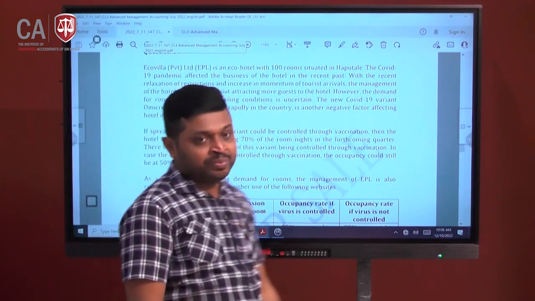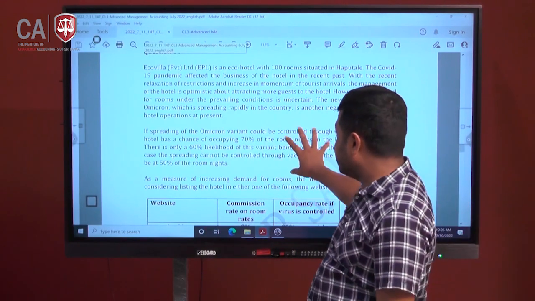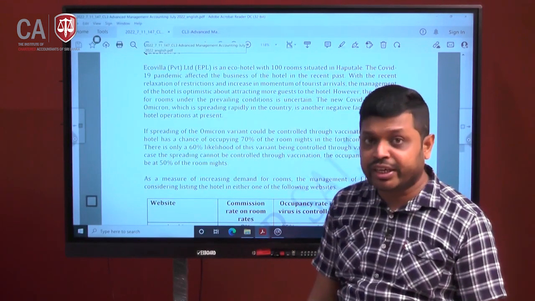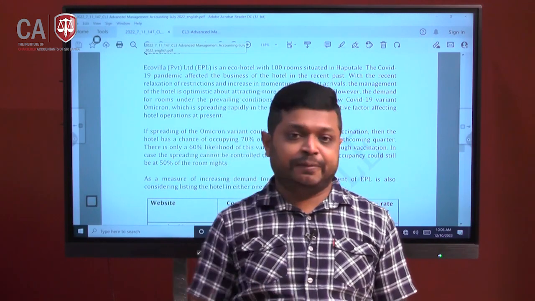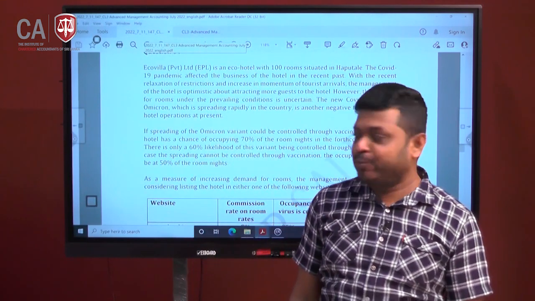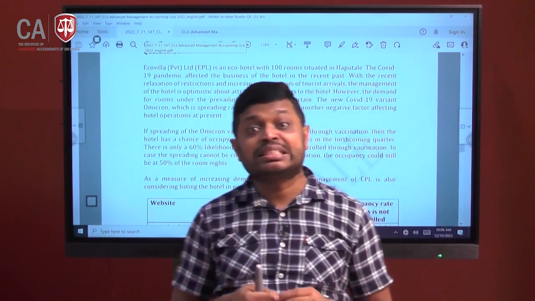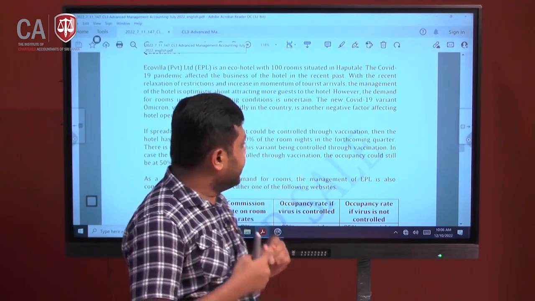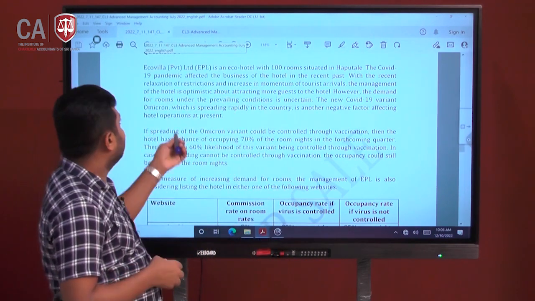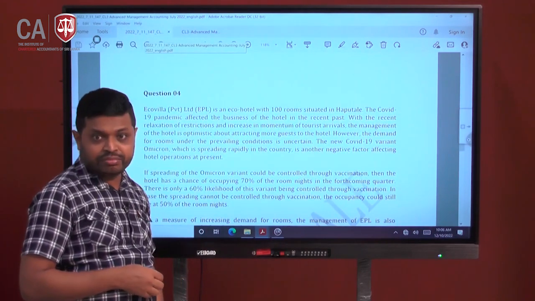Question number 4. This question number 4, what is this relating to? This is relating to decision tree. It's very important. This illustration is related to decision tree. We will read this one, and this question comes under the risk and uncertainty section.